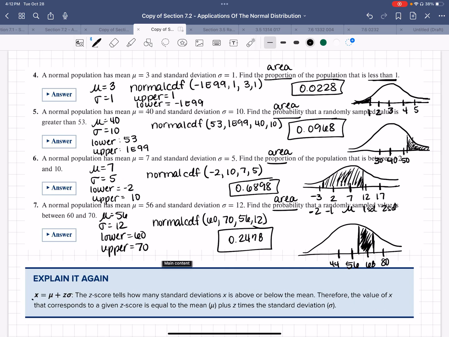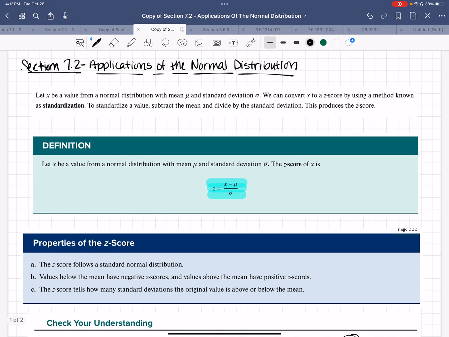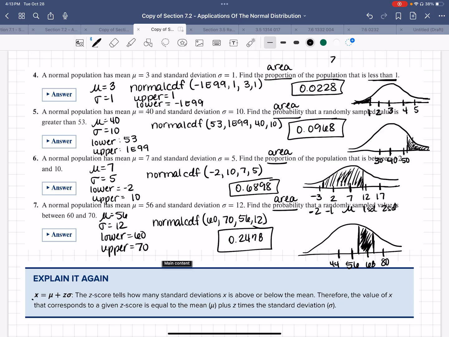So we could have done more with this problem, done more math, if we had used z equals x minus mu over sigma, because I could have gone, okay, populate, we would have gotten the z-score, and then we would have to put it in the normal CDF. So let's do, since that standard deviation is 1 there, that's a little confusing on that one with the value being 1.